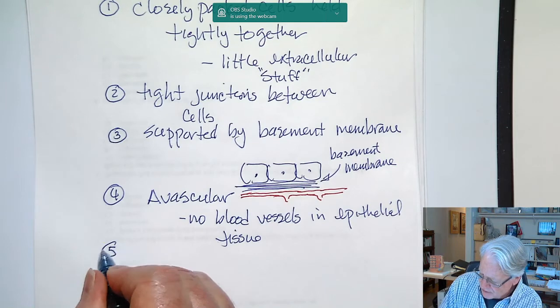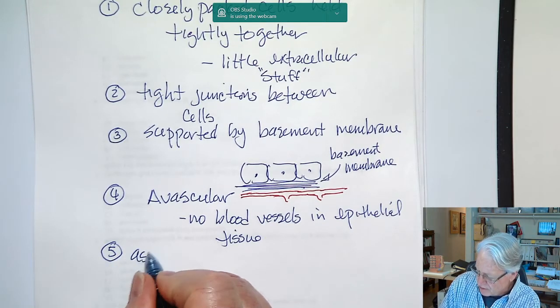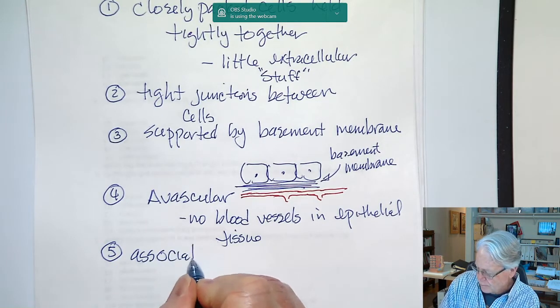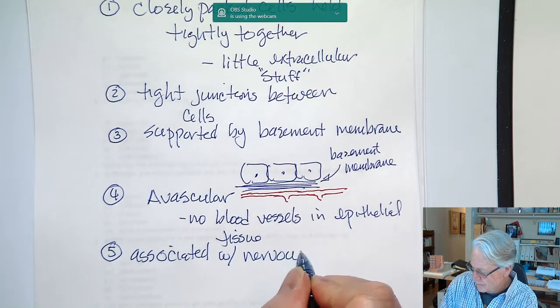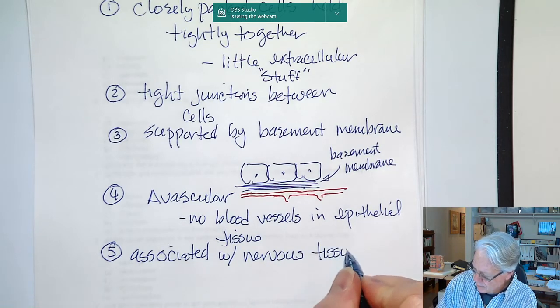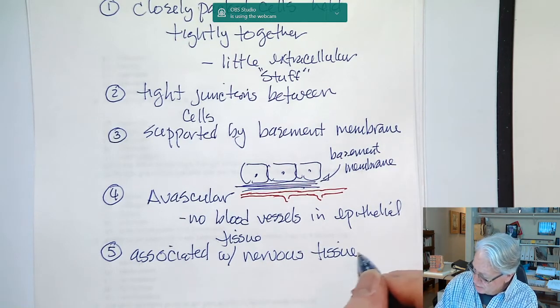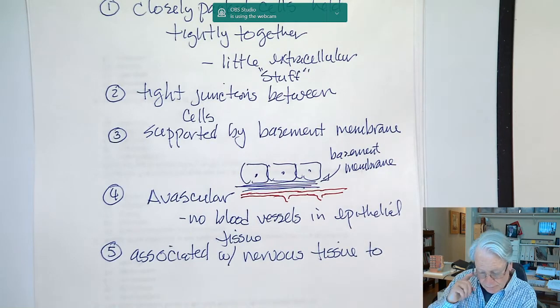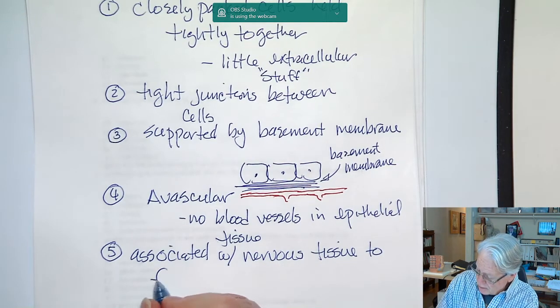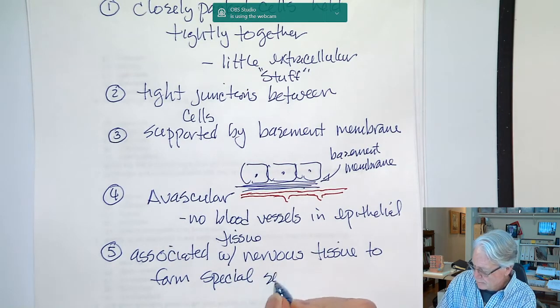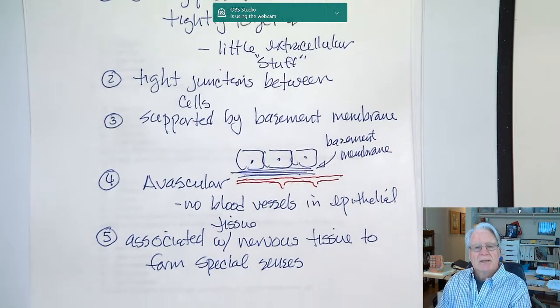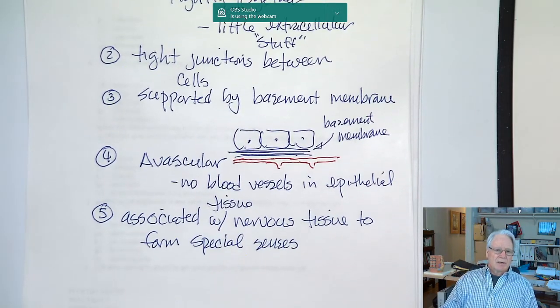Number 5, as I mentioned before, when we associate this with nervous tissue, we get the special senses. Eyesight, hearing, taste, smell, all of these things are a combination of nervous tissue and epithelial tissue.